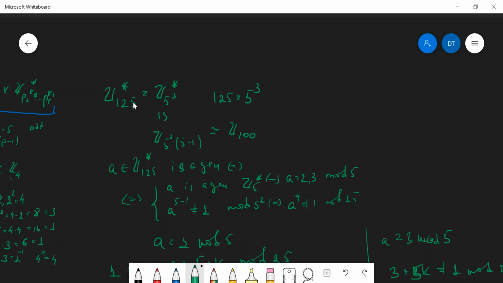But usually people prefer using prime numbers here instead of powers of prime. And the reason is this: if this number is a prime, then Zp star contains p minus 1 elements, so everything but 0 is in the group. But if it's a power of prime, like here, you decrease the number of elements by 25, as you can see.